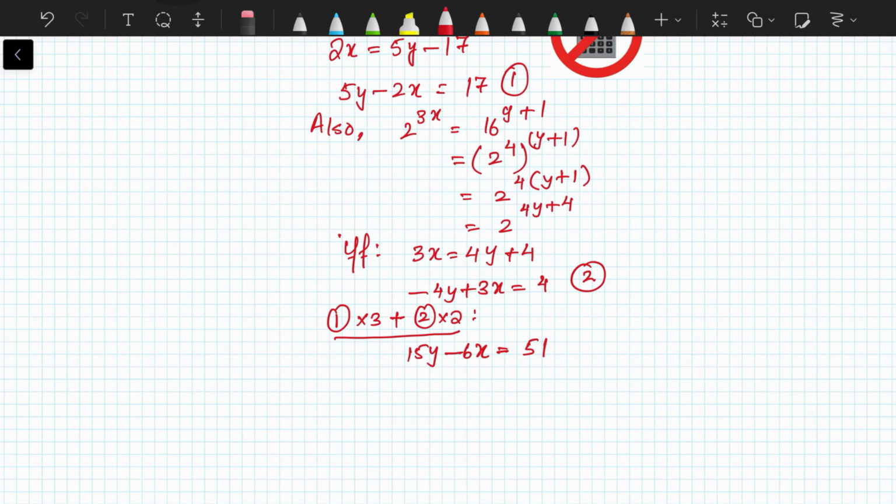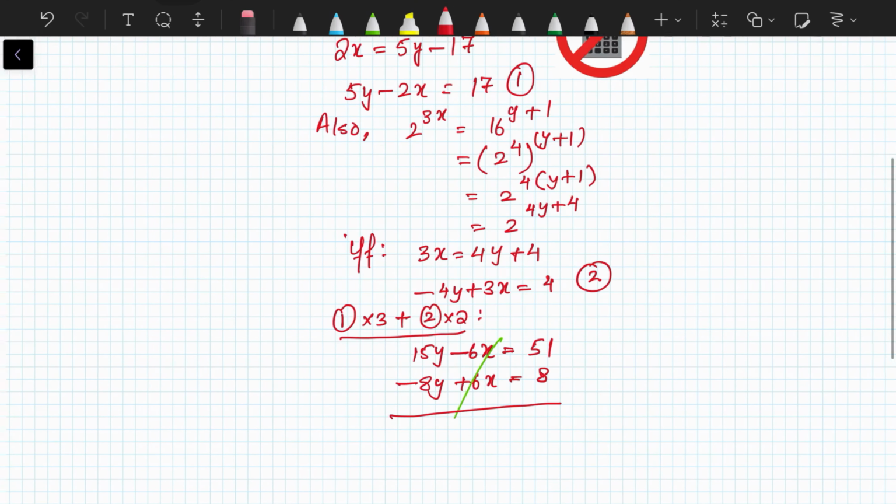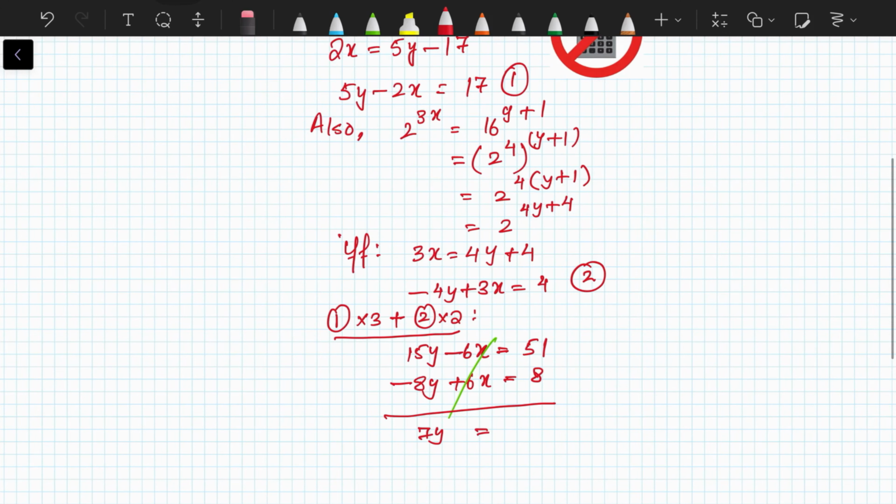Number 2 multiplied by 2, it's negative 8y plus 6x is equal to 4 times 2 is 8. Now you can check. So 6x positive, 6x negative, they will cancel each other if you add them. And if you add 15y and minus 8y, that's going to end up with 7y, and the other side is 59.